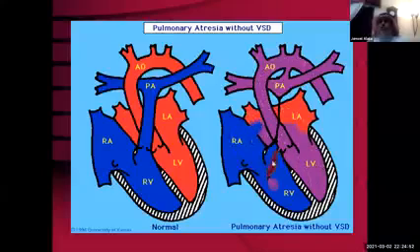If they have a good ASD, then this blood will be mixed completely through the LA and LV, and they will also be dependent on the PDA to give them the pulmonary blood flow. But you can see here, the mixing site does not happen in the VSD. The mixing is in the LV, and the mixing and the cardiac output are dependent on the size of the ASD there.